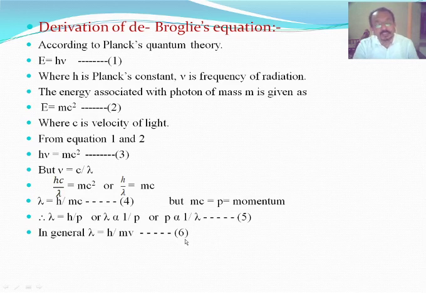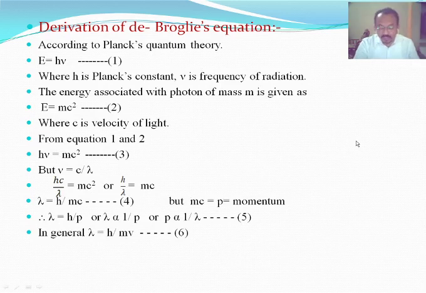These three equations, 4, 5 and 6, are known as de-Broglie's equation, and the wavelength given by them is called the de-Broglie's wavelength. In this way we derived the de-Broglie's equation.